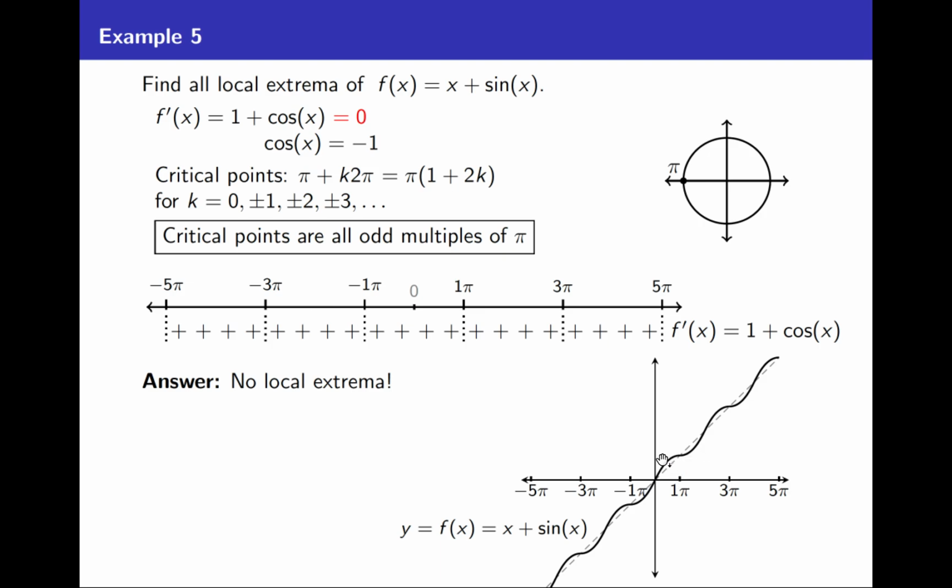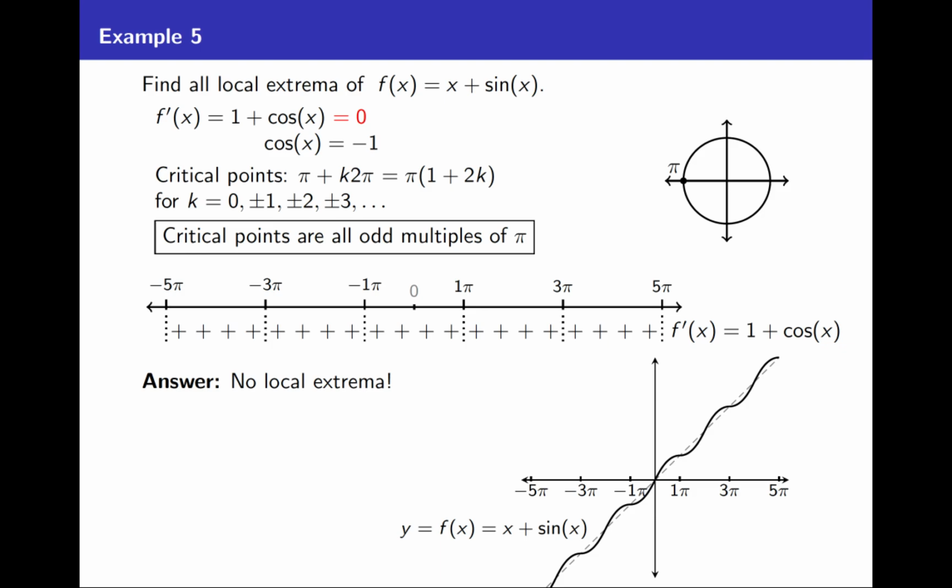So the derivative is equal to 0 there. But the function just keeps rising through that critical point. Right here at 3 pi, you get a horizontal tangent. The function just keeps rising through that. So every once in a while, you'll have situations like this where you expect to find extrema because you have so many critical points. But in this case, there just aren't any.